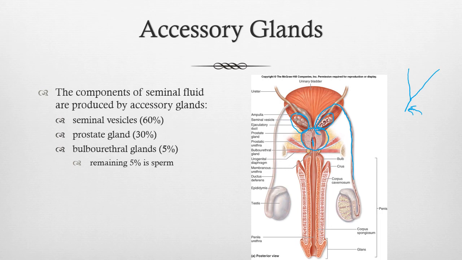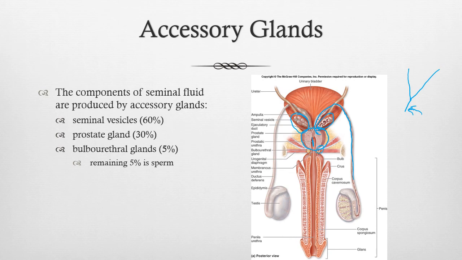So the prostate is then going to release its secretions. The seminal vesicle has released its. Between the seminal vesicles and the prostate gland, we get some 90% of the total of the fluid, with the seminal vesicles producing the majority of it.